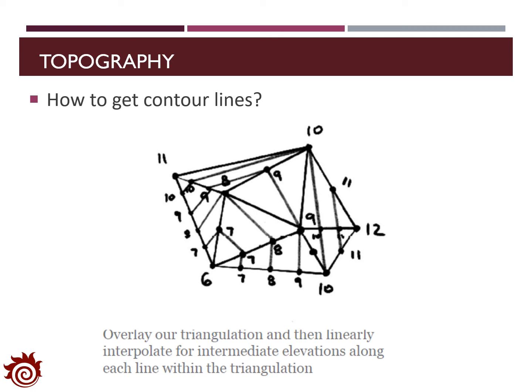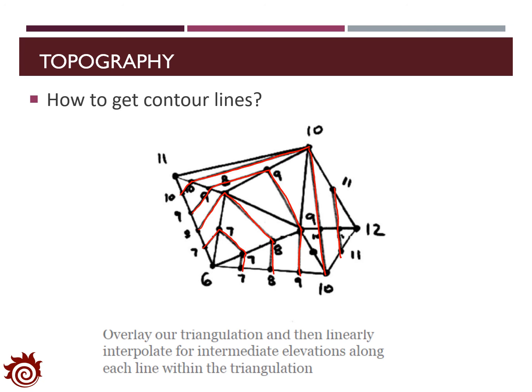For example, for the elevation of 10, we'll have the line here, and also we will have the lines for the elevations of 9, 8, and 7. Similarly, we can find out another line for 11.